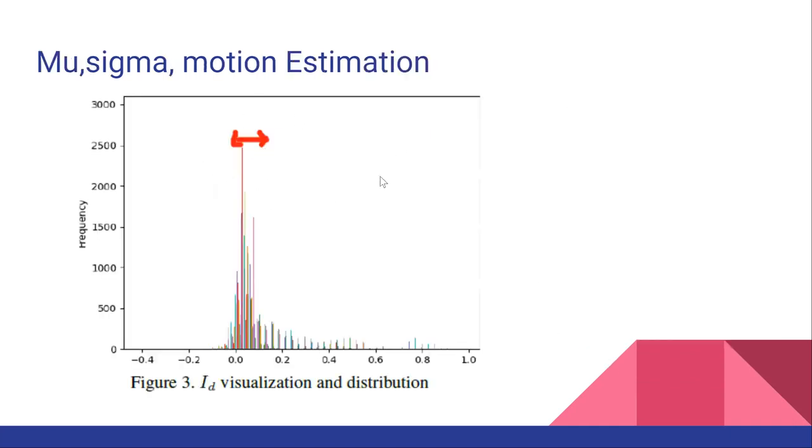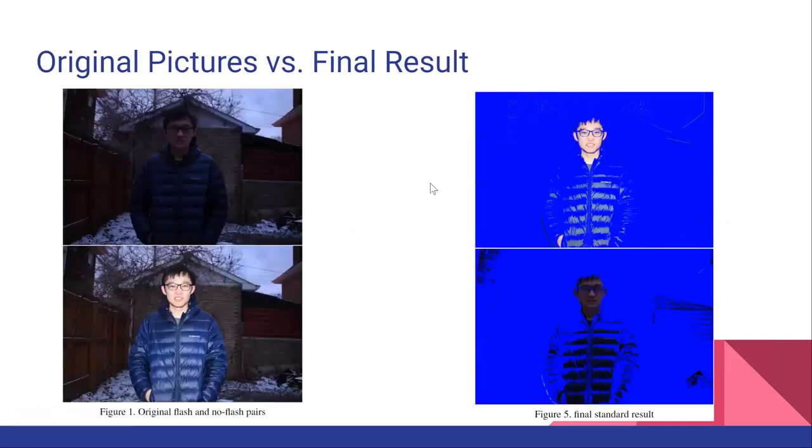And this is how we estimate the mu and sigma. We simply find the mu and see from the graph how much it deviates from the first local minimum or anything like that.